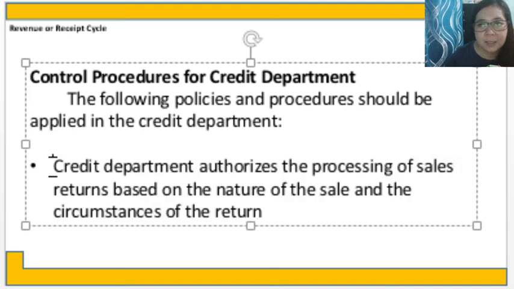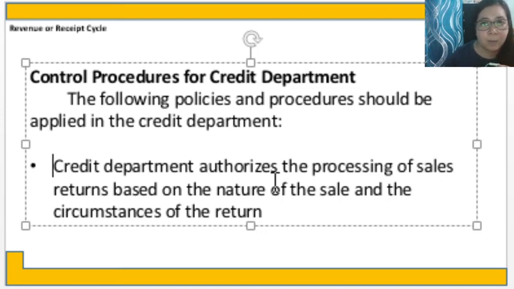Another is the credit department should also authorize the processing of sales returns based on the nature of the sale and the circumstances of the return. So here, a sales return will only be accepted once the reason for returning is in accordance with the policy.